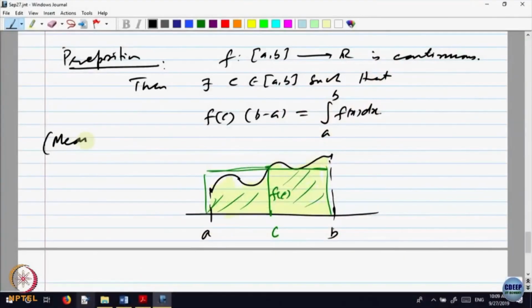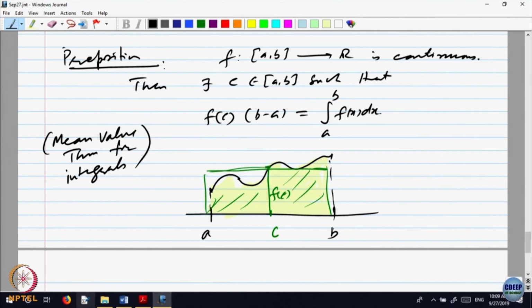This is why it is called the mean value theorem for integrals.